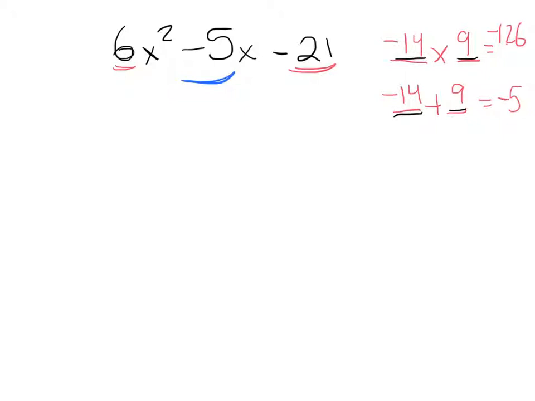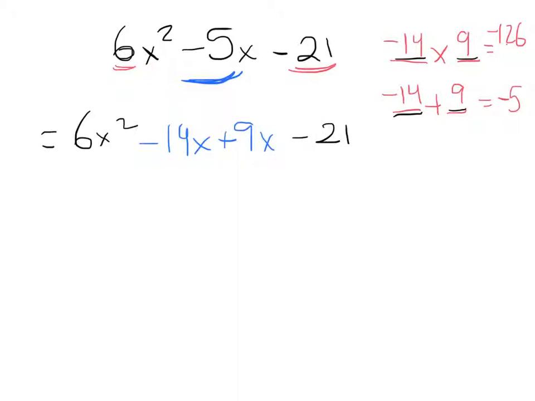So with decomposition, the next step is to take our middle term of negative 5x and break it up into the two numbers that we found, negative 14 and 9. So let's do that. We're keeping 6x squared as is, and then instead of negative 5x, we're going to write minus 14x plus 9x minus 21.